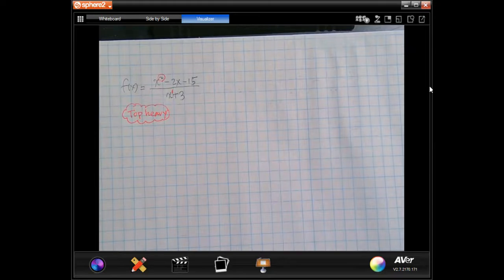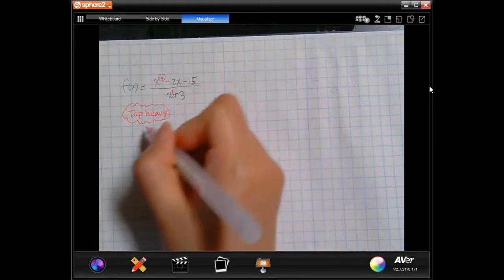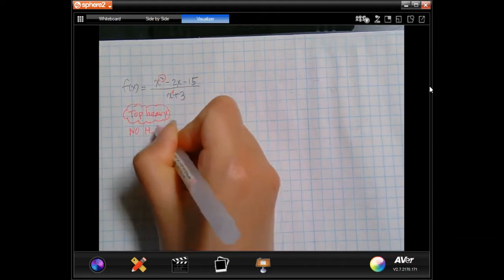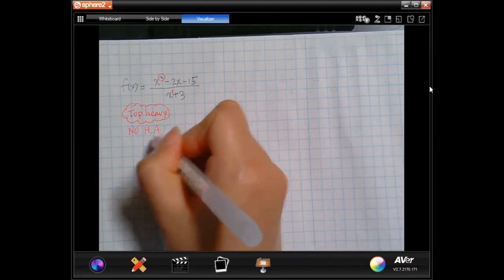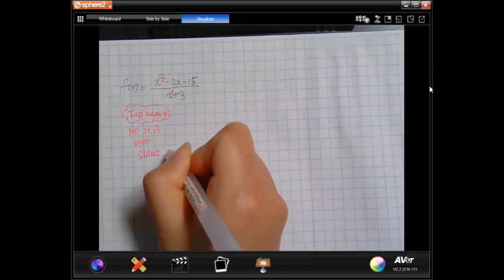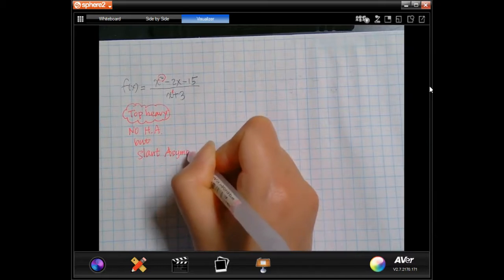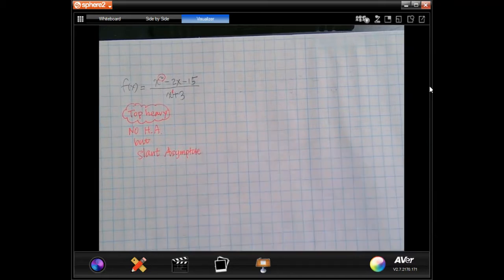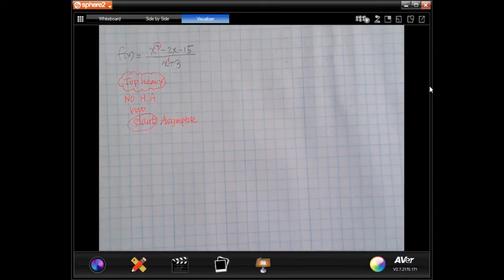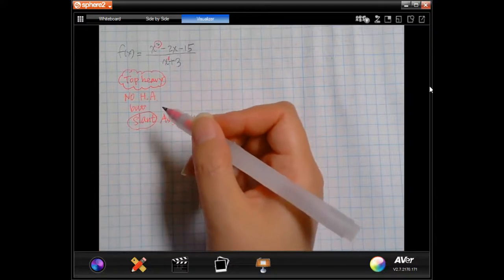When you see the structure with the top heavy, actually there's no horizontal asymptote, but a slant asymptote will be given. Usually the slant asymptote will give you this idea.